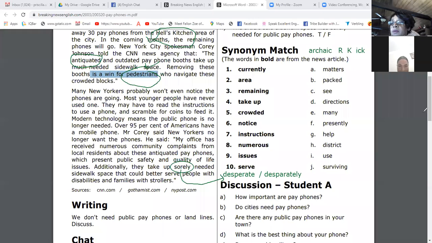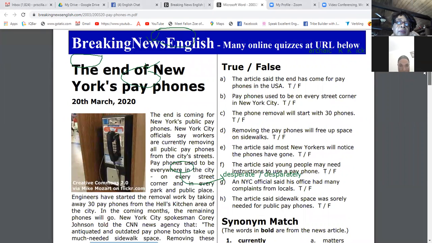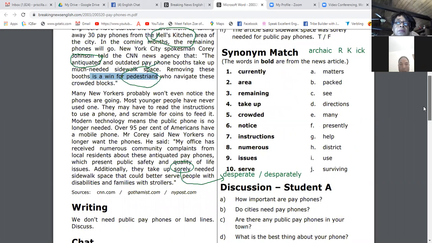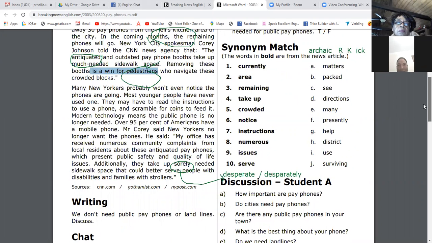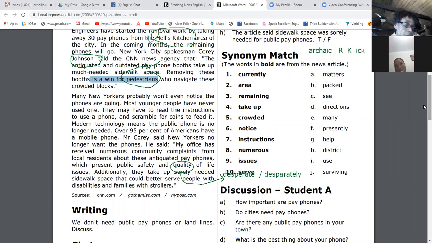The end of New York payphones. Okay, payphones. Well, the text is about the instructions that have been made by the New York society to make an end for the payphones.